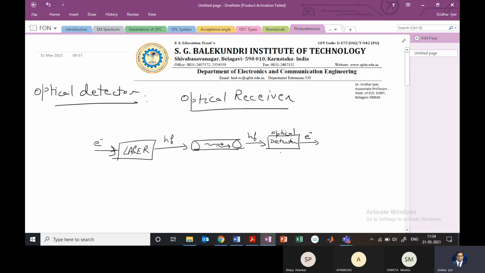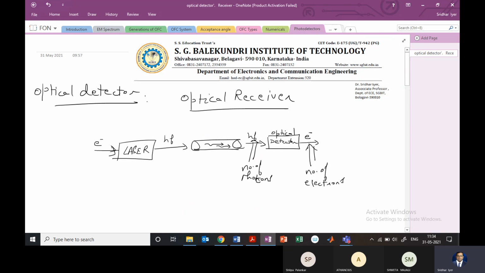So this is an optical detector. Why? Because it is detecting these photons. As many photons fall on this detector, correspondingly that many electrons will be generated, right? And the more electrons, obviously the more current, right?